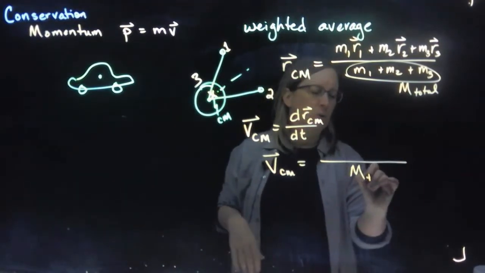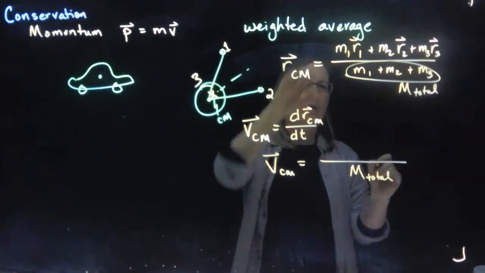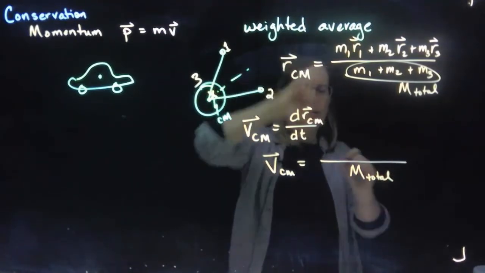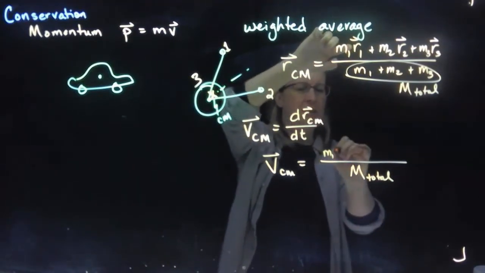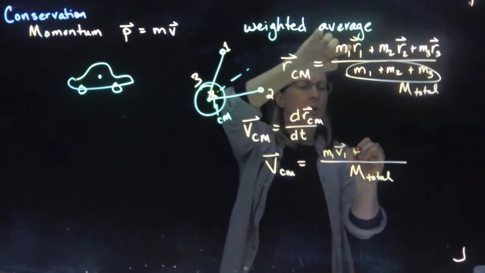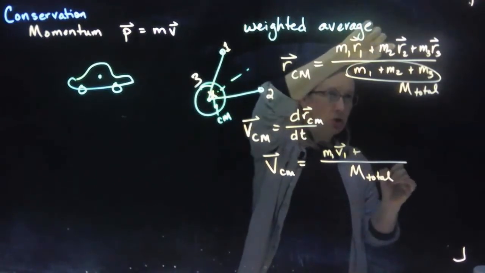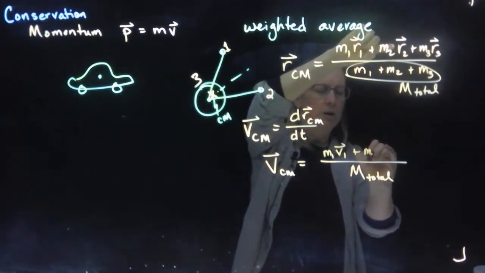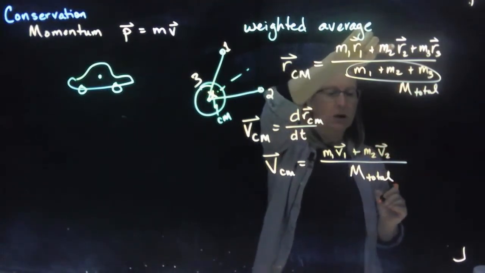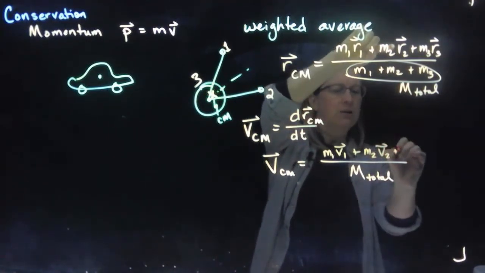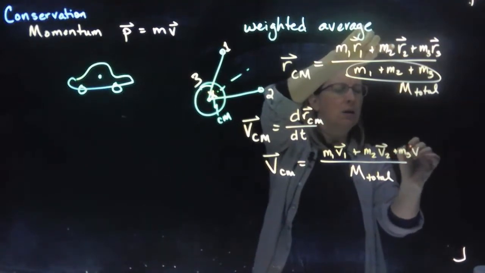That's our mass total, right? And then we can do a term-by-term derivative. So an M1 times derivative of R1 with respect to t, which would be a V1, plus M2 times the derivative of R2 with respect to time, which is V2, plus M3, V3.